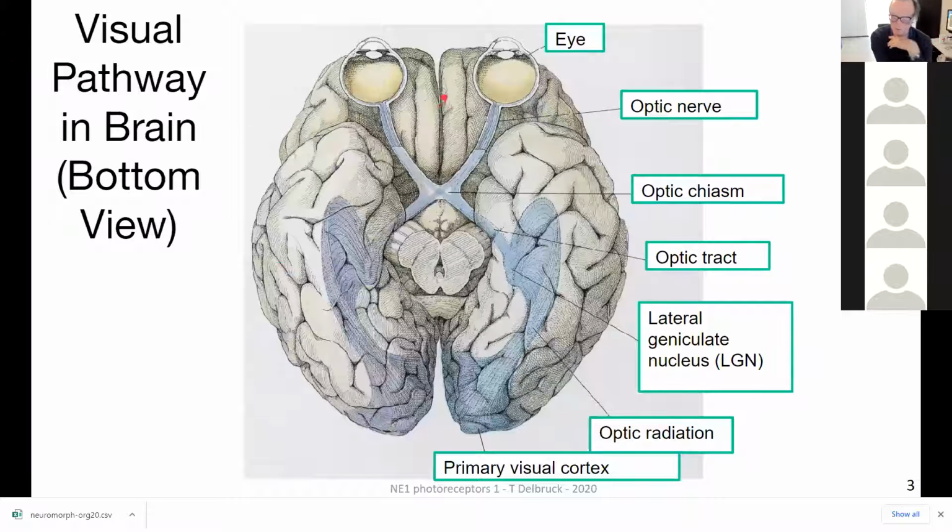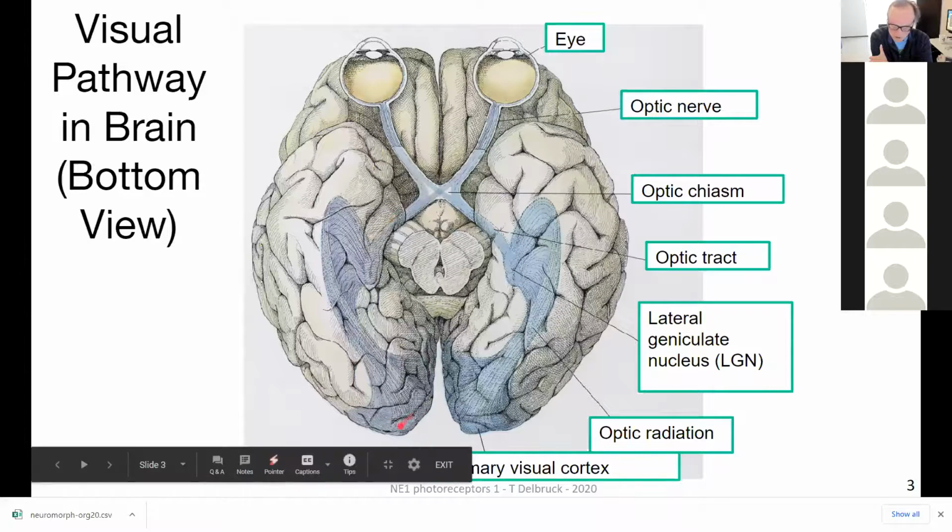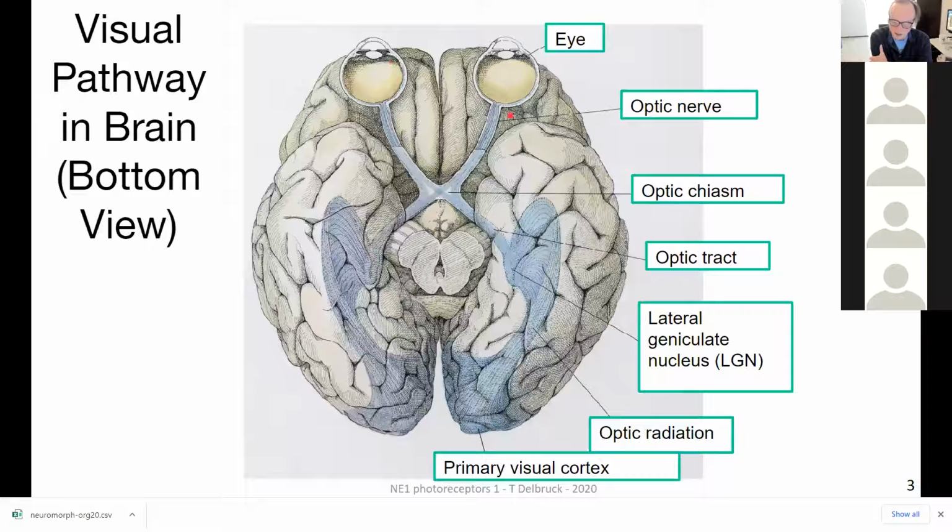If you look at the bottom view of your brain, this is like looking up through your spinal cord, and you look up at the bottom. These frontal lobes are kind of next to your eyes, actually. They're sitting on top of your mouth and nose area. Starting at the eyes, you have the optic nerves.